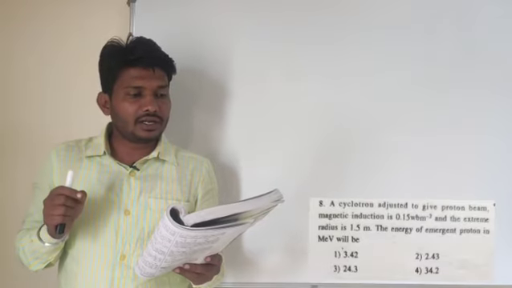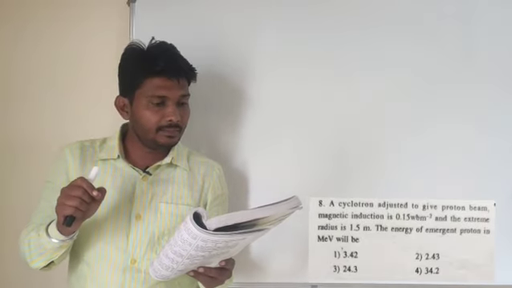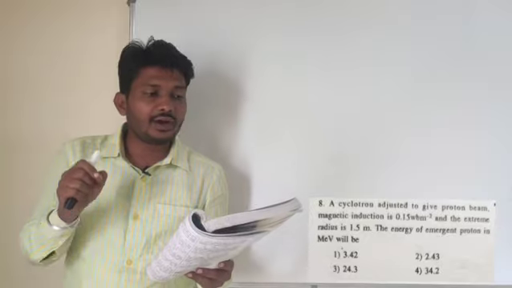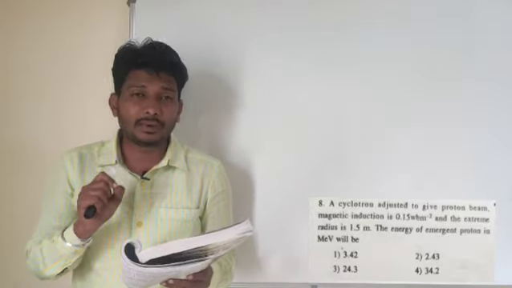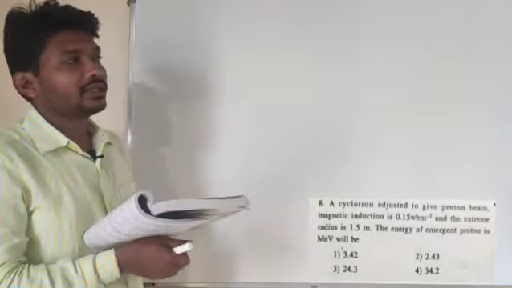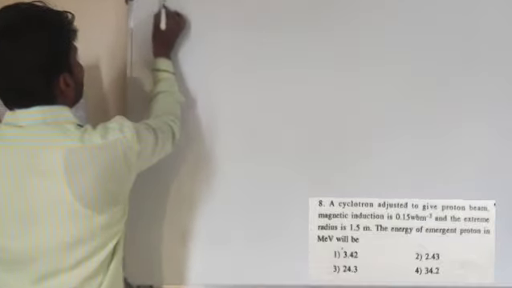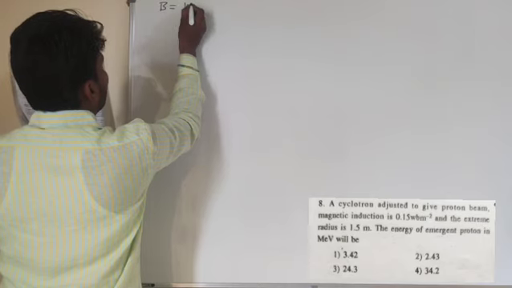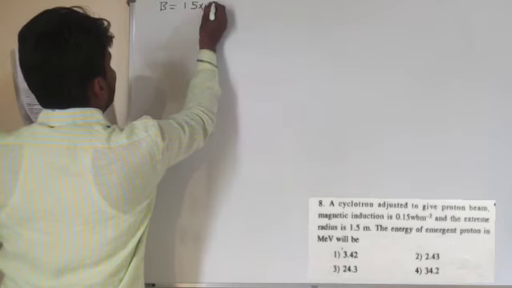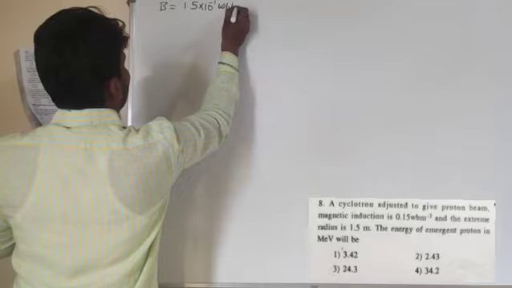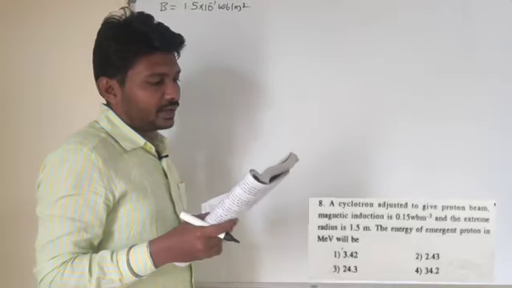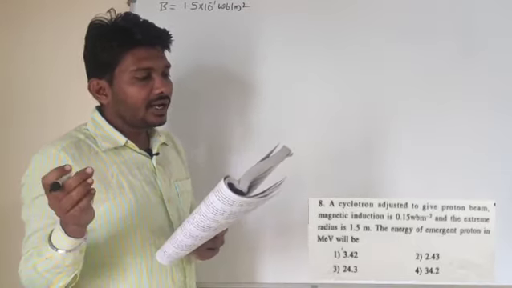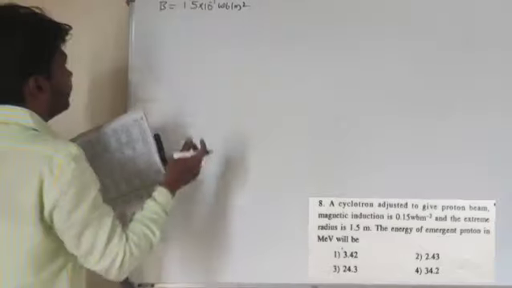A cyclotron adjusted to give a proton beam magnetic induction of 0.15 Weber per meter square. It is another SI unit of magnetic field. What is the value they have given? In the case of the cyclotron, the strength of the magnetic field is 0.15 Weber per meter square, or 1.5 into 10 to the power of minus 1 Weber per meter square, and the external radius is 1.5 meter.